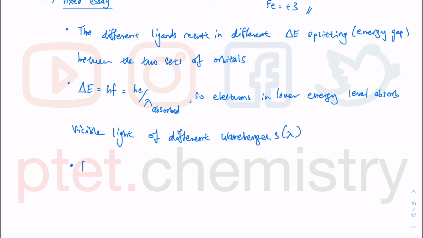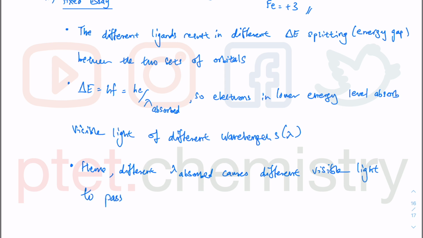So hence different lambda absorbed, since I already defined what lambda is, causes different visible light to pass through. Remember that it is the color or the combination of the colors that passes through.